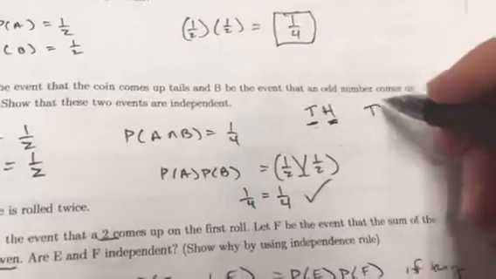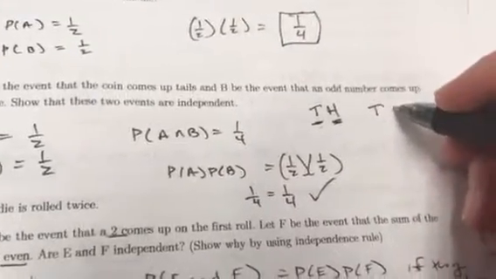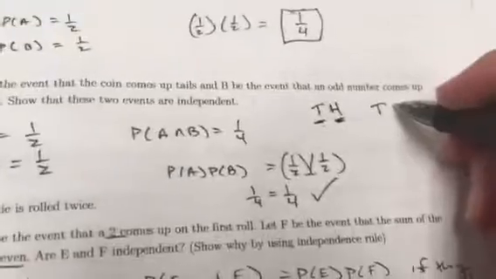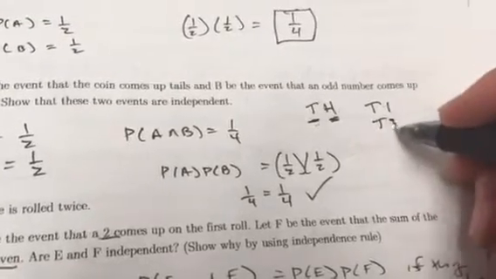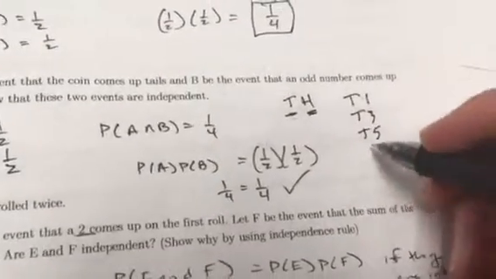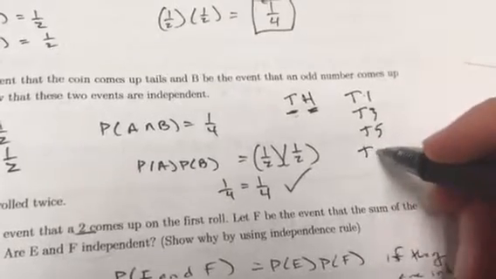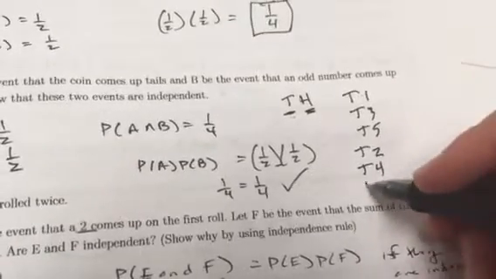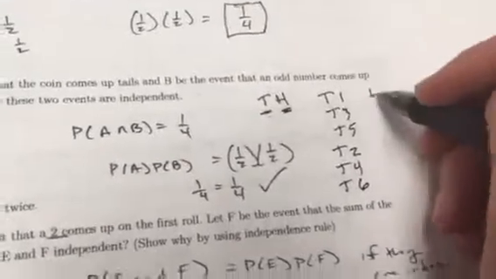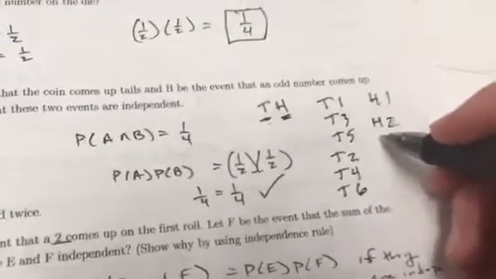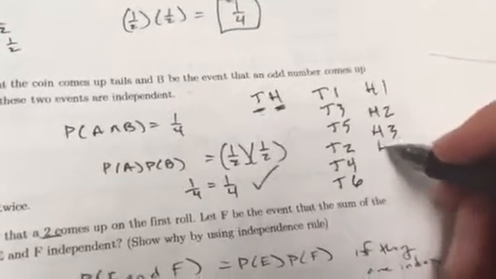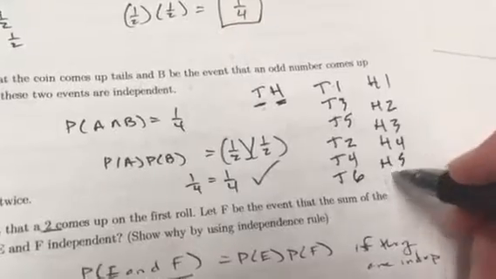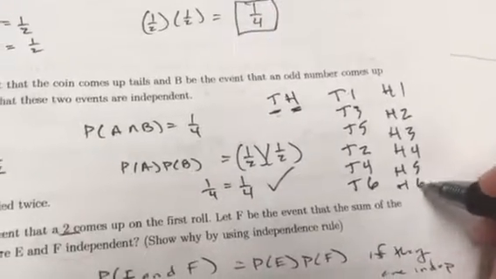So you can get tails and a 1, tails and 3, tails and 5, tails and a 2, tails and a 4, tails and a 6, heads 1, heads 2, heads 3. It really doesn't matter the order here because these are all unsuccessful. You need a tails. So this is 12 different cases.